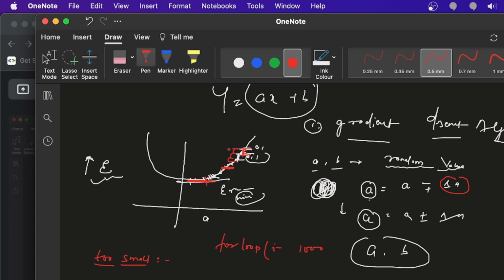Suppose your change is too high, so maybe you will directly jump from here and then here, sorry, and there, and maybe there and there. So it is also not good. So guys, we are passing one more value here. It's called alpha, and it is the learning rate.